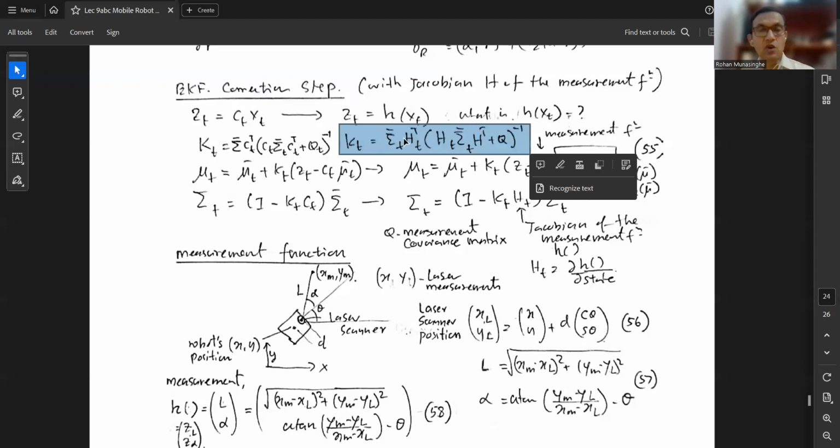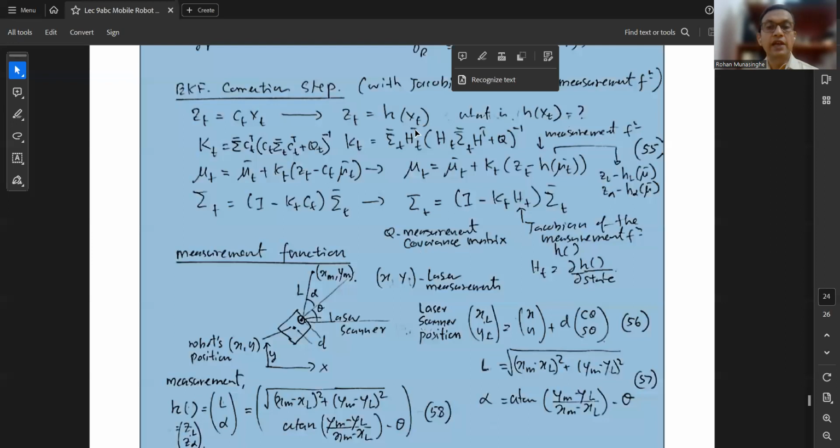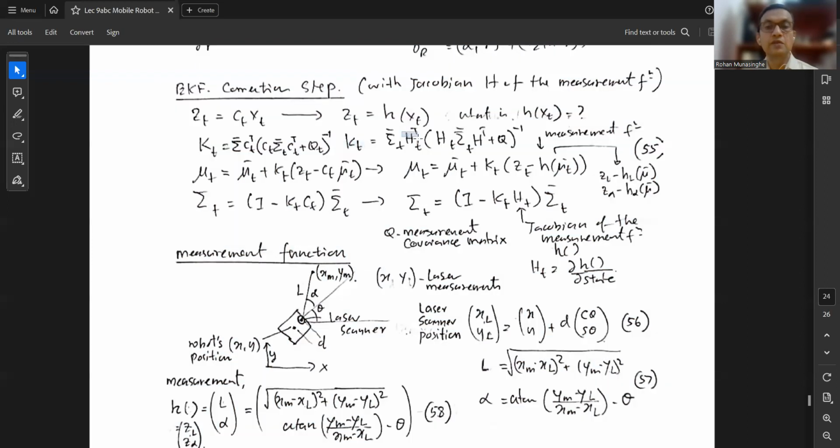Capital H is the Jacobian of script h, the measurement function over here. You need to write down equations for the measurement model and then differentiate it with respect to the state variables. Then you get the H matrix. That is also a Jacobian, but this time of the measurement model.